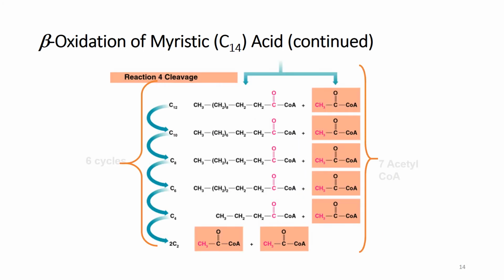What we get from that, ultimately, after 6 cycles, are 7 acetyl-CoA molecules. At the same time, we will produce NADH, FADH2, and acetyl-CoA.